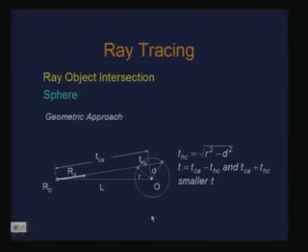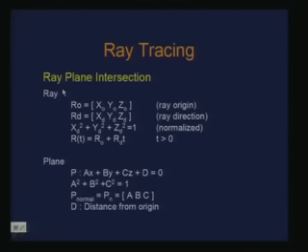In a similar fashion, we can now look at other kinds of objects. Let us look at ray plane intersection. Once again I consider the ray to be defined in parametric form, exactly the same way as I considered for the sphere. And this plane is defined in implicit form: ax plus by plus cz plus d equals 0.